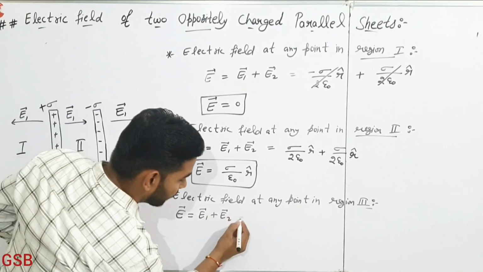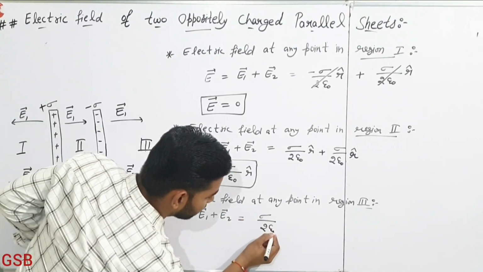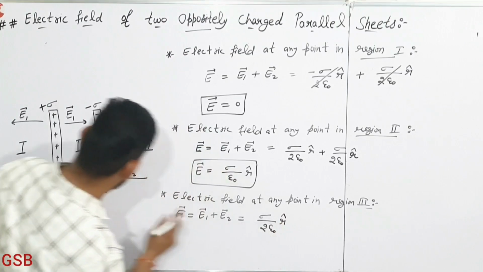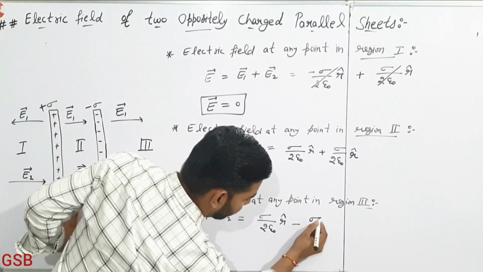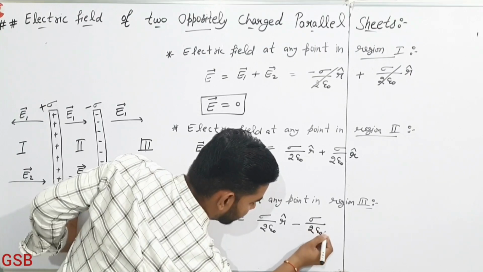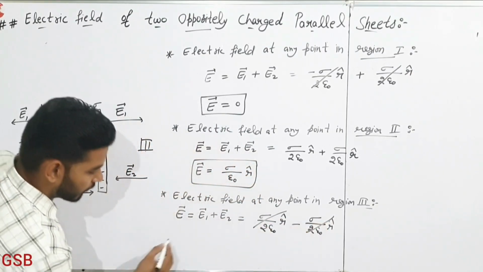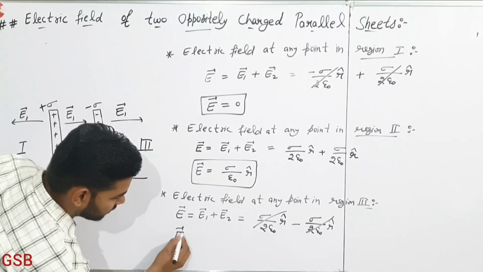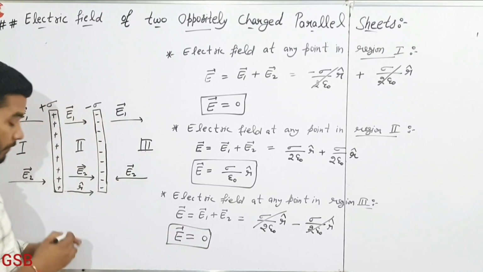So we write sigma by 2 epsilon naught R cap for E1, but E2 is opposite to R cap, so we write negative of sigma by 2 epsilon naught R cap. These are opposite to each other, so the electric field in region third is also 0.